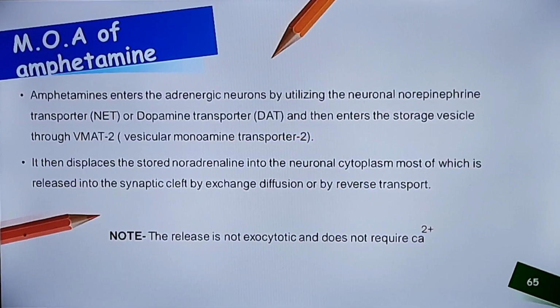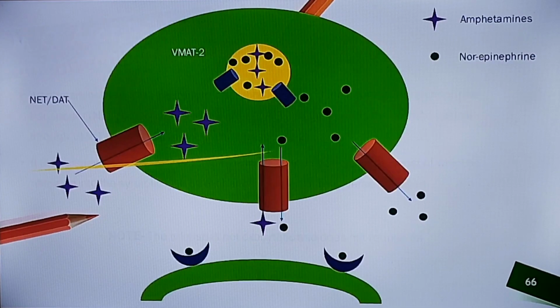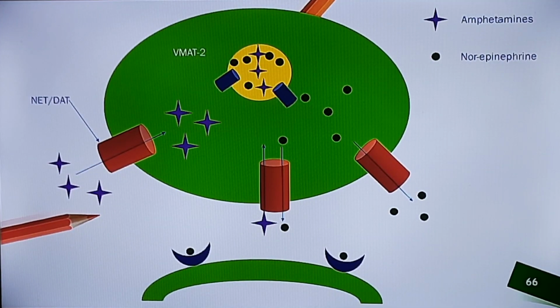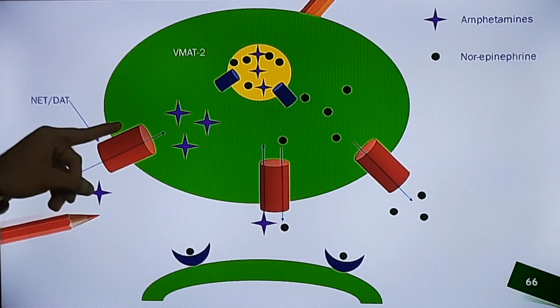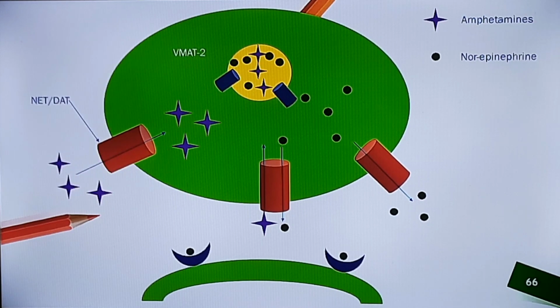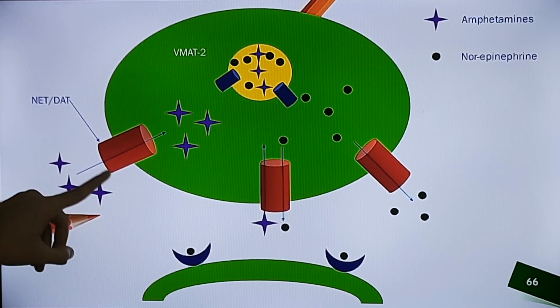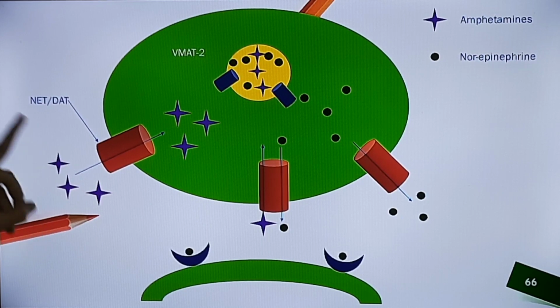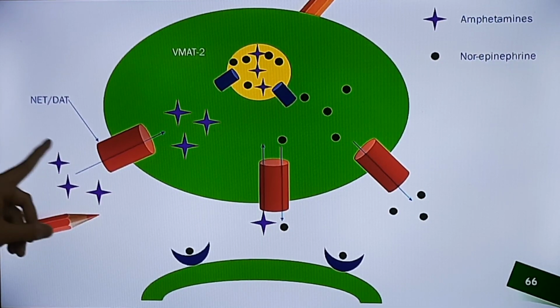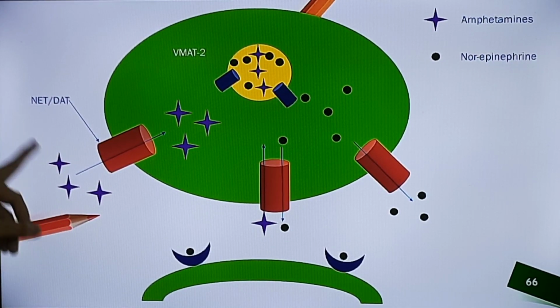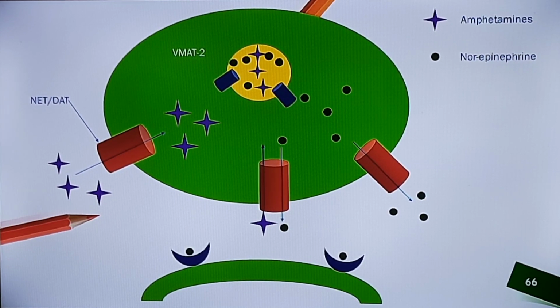Now let us see the mechanism of action of amphetamine. But before, let's understand this figure. In this figure, you can see this light green color shape, that is oval shape. Let's consider this particular shape as our nerve ending. In the nerve ending we saw there is a transporter, and let's consider this transporter as the norepinephrine transporter.